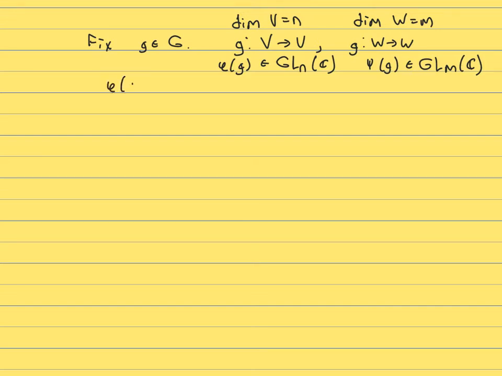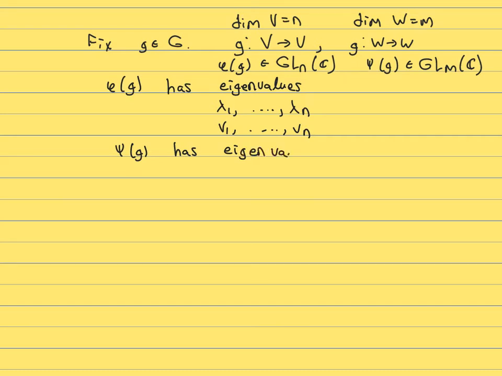Well then, phi of g has eigenvalues lambda 1 through lambda n, possibly with repeats, and eigenvectors v1 through vn. And psi of g has eigenvalues mu 1 through mu m, and eigenvectors w1 through wm.